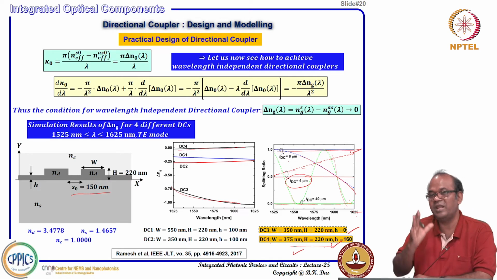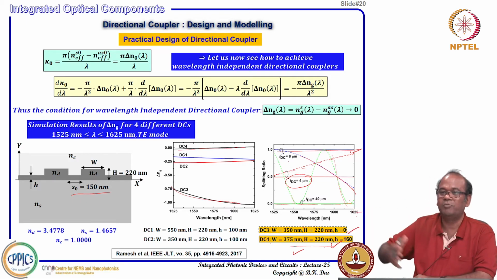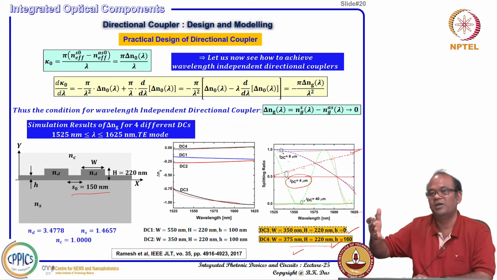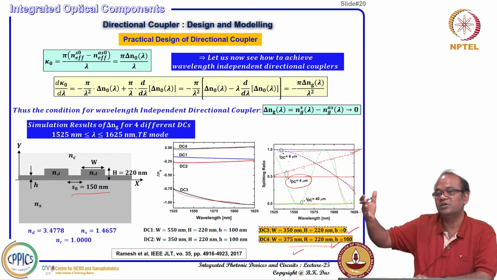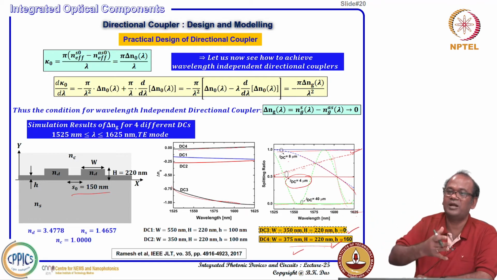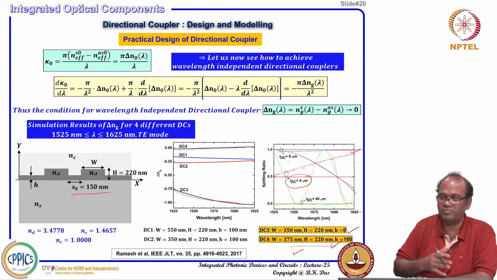These facts are very important if you are designing a broadband device or circuit to operate in a wide optical band. For example, you want to use the C band and L band. C band is 1535 to 1565, L band is 1565 to 1610, and the S band is lower, 1500 to 1535 or so.